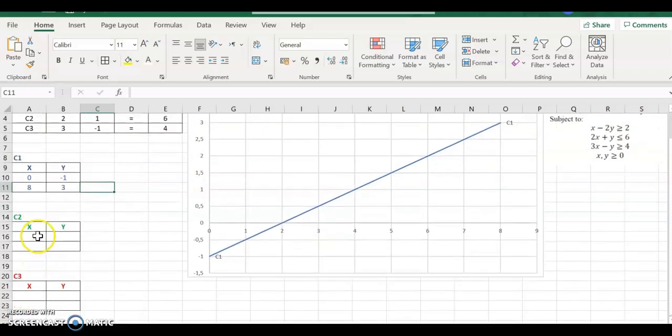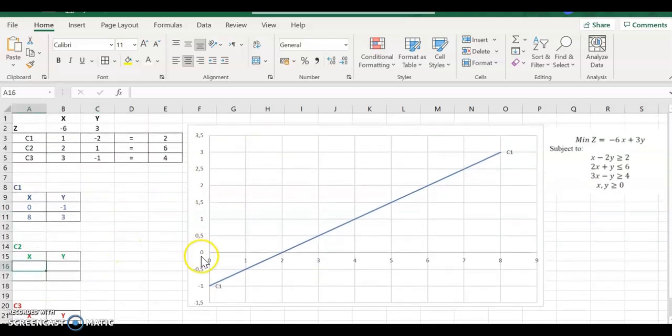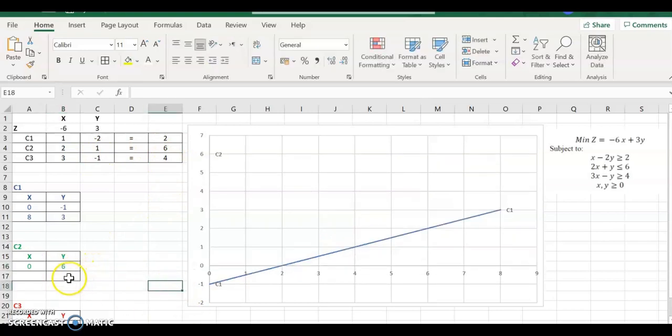For the second constraint, we replace x by 0 in this equation, and y is 6. We do the opposite. We replace y by 0, and x is going to be 6 divided by 2, which is 3.